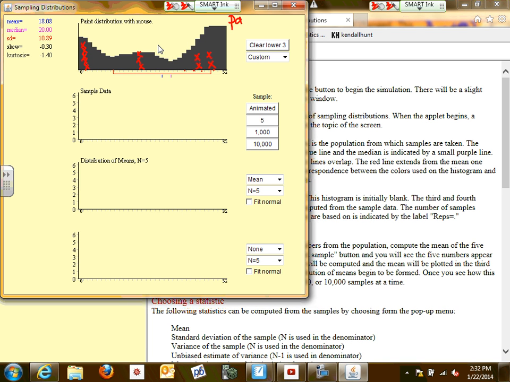Where's the time? Oh, I'm sorry. This would be like the time in minutes, but I don't know the scale of what it is. So this would be the time in minutes to run a mile. And then these are like frequency, how many he has done.